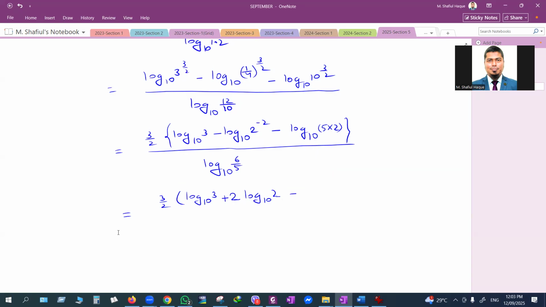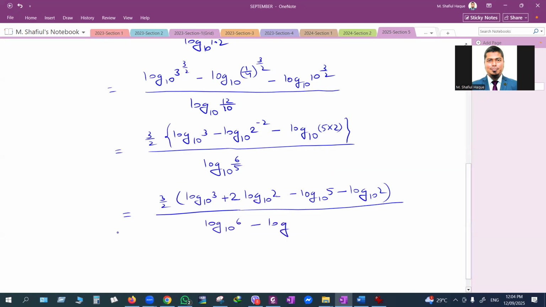Okay. So this is log 10 raised 5, 2 in the denominator. We can write log 10 of 6 minus log 10 of 5.